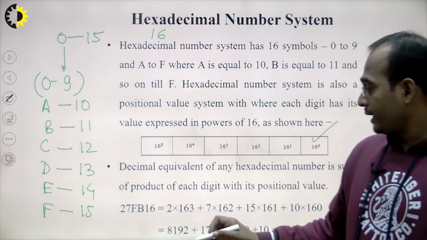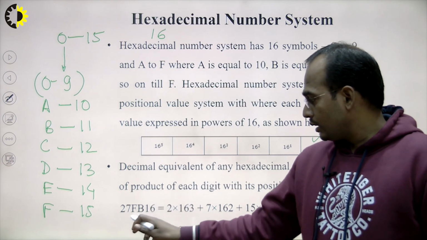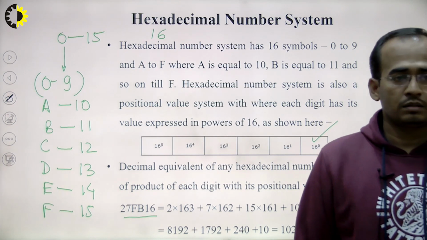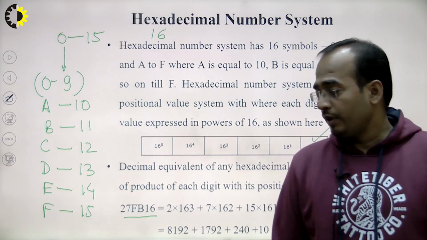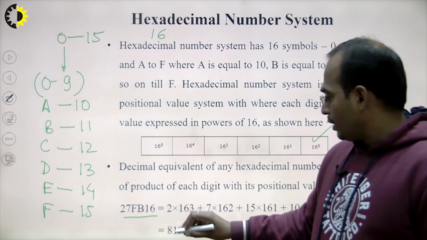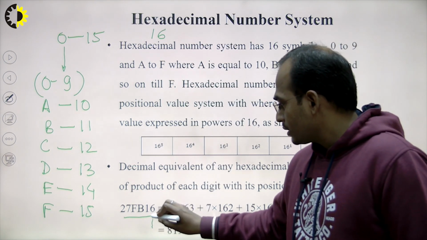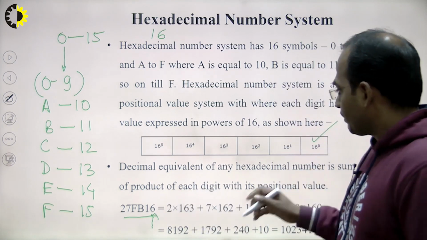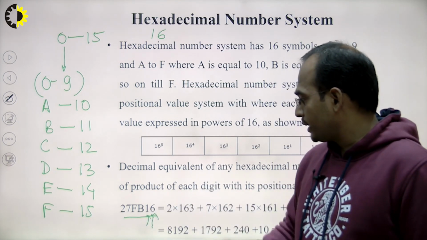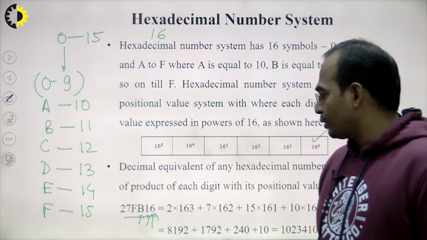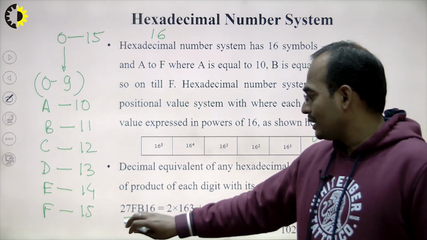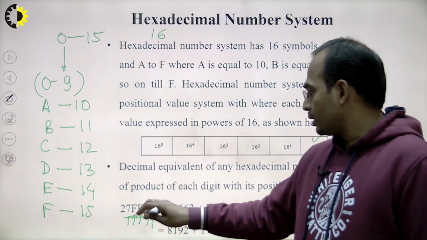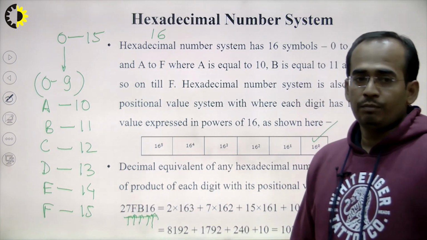So we can convert this, the number given is 27FB16. How will I convert this? I will use the same weighted positions: 6 into 16 to the power 0, 1 into 16 to the power 1, B into 16 to the power 2, F into 16 to the power 3, 7 into 16 to the power 4, and 2 into 16 to the power 5.